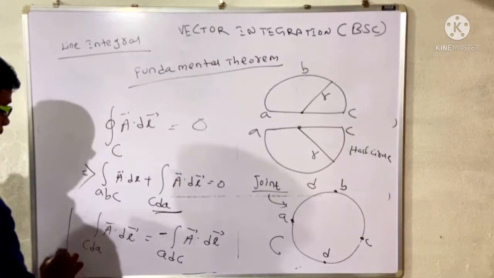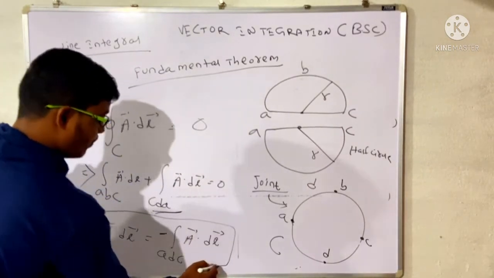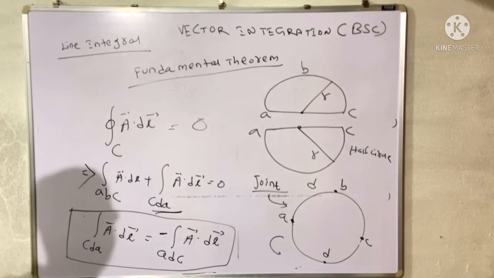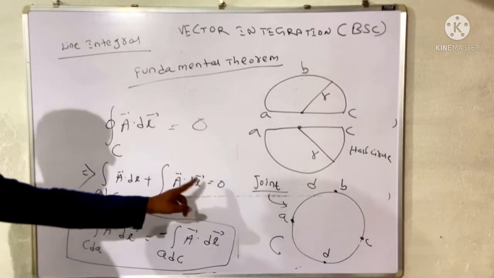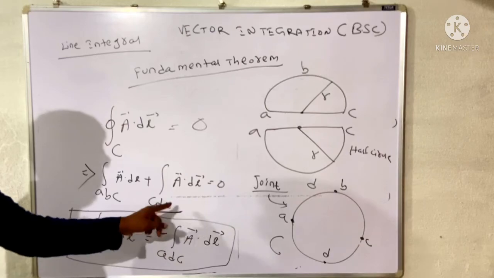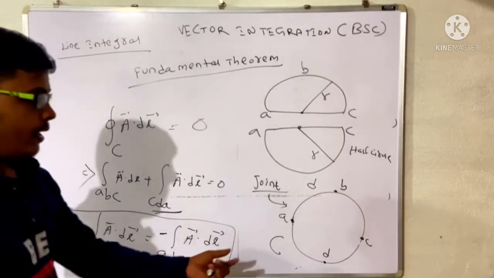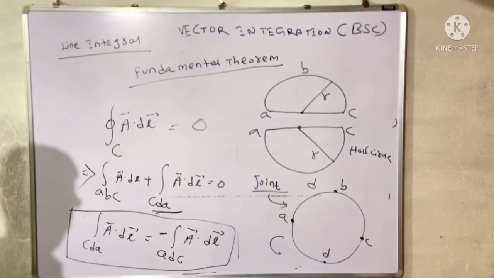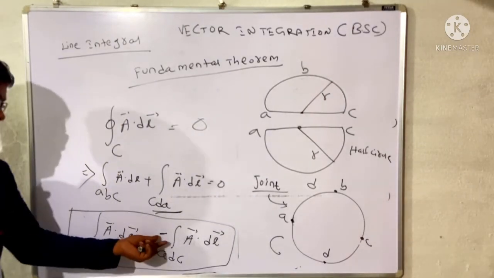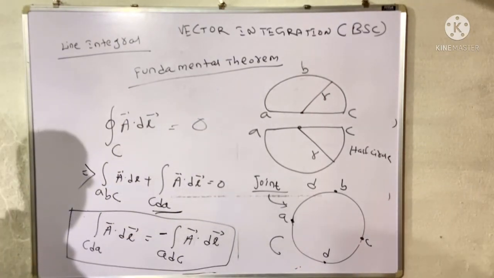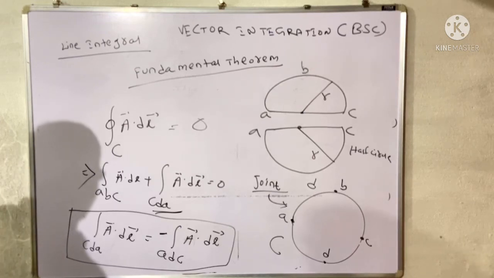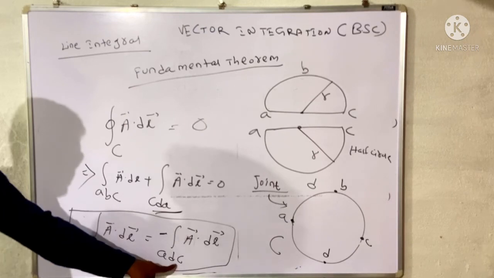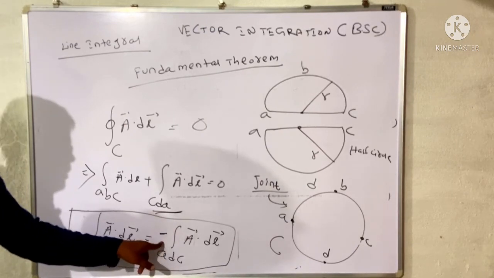Why the negative sign? Because ABC and ADC are opposite paths, and the opposite path gives you a negative sign. So remember, if you change CDA to ADC, one negative sign will be there.